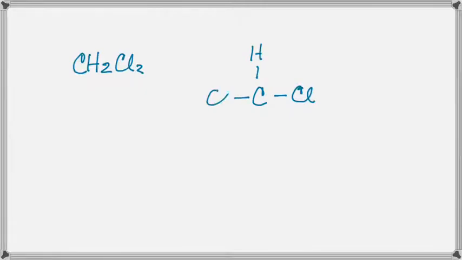So the question was, what about CH2Cl2? Okay, so we can draw the Lewis structure for that. And it's got lone pairs on the chlorines, but we don't even really care about those. No lone pairs on the central atom.